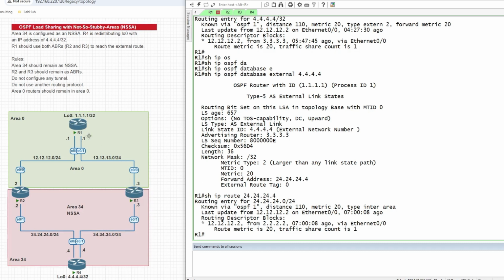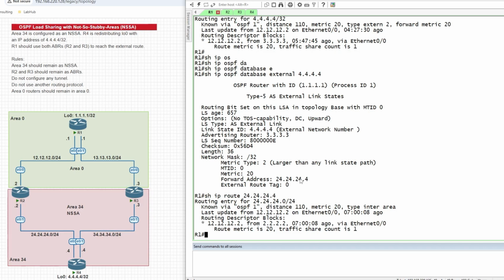Why R1 goes through R2 to reach the loopback on R4, although R3 actually did the origination, or R3 is our advertising router. We still do not know at this point why the forwarding address on R1 is 24.24.24.4. But we've answered our first two questions, or our first two whys.